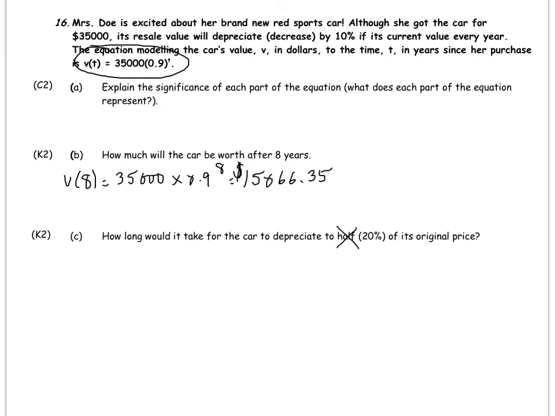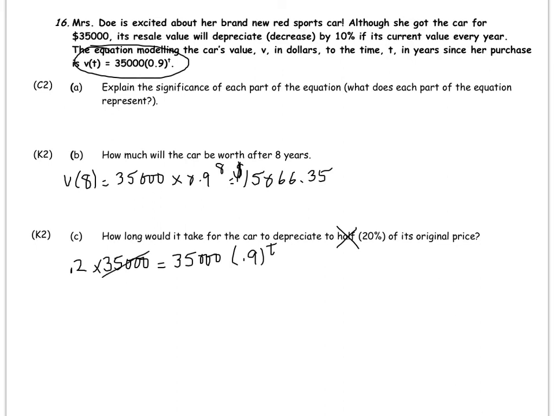So we have to find the time that it takes for the car to depreciate to 20% of its original price. So I have to solve the above equation if the price becomes 0.2, because 20% is 20 divided by 100, which is 0.2 times 35,000. I have to find time here. So this is the equation that I have to solve.